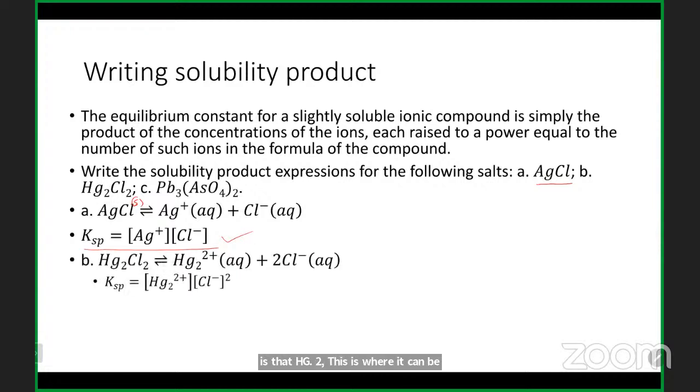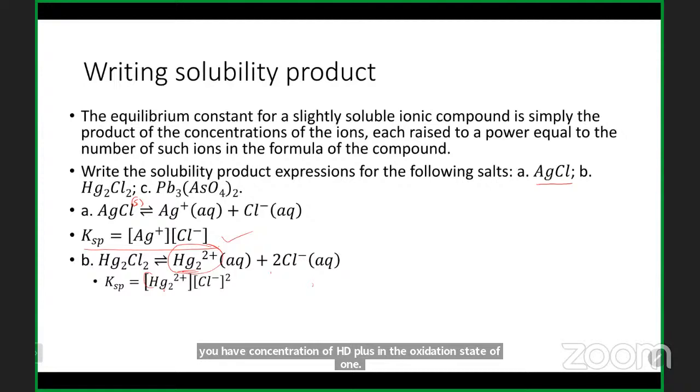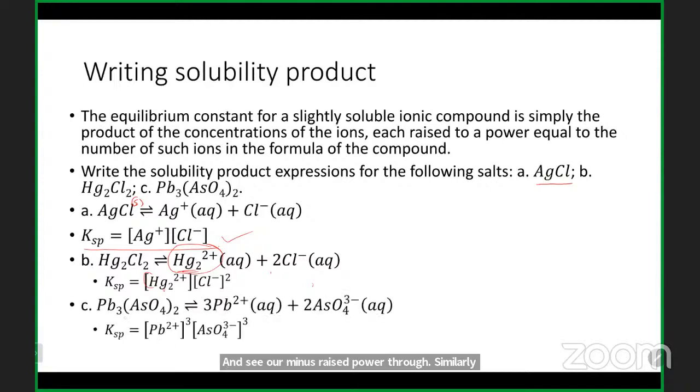This is Hg with oxidation state 1, that's how mercury exists, plus Cl-, squared. So you have the concentration of Hg+ in the oxidation state of 1 and Cl- raised to power 2. Similarly, for Pb3(AsO4)2, Pb2+ raised to power 3 and AsO4 raised to power 2. Why have so many mistakes?